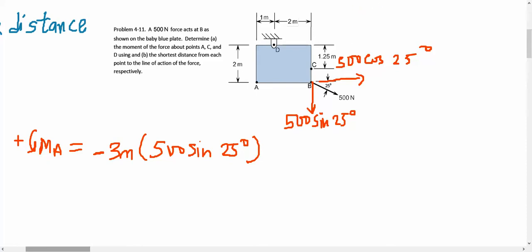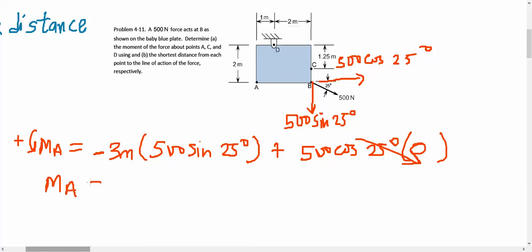And then we also need to add this force. Well, the distance here is just 0 because it lies on the line of action. So this is 0, so we basically don't need it. So the moment about A results to 634 Newton meters, because this is in newtons, in the clockwise direction.